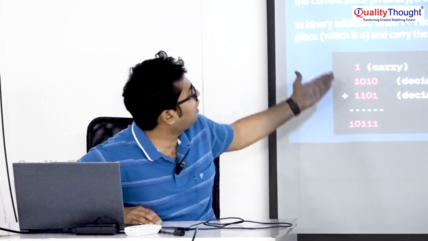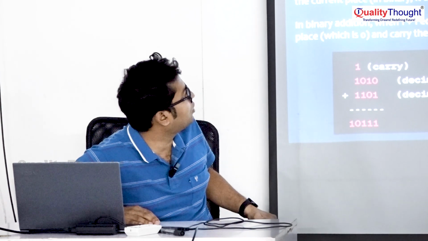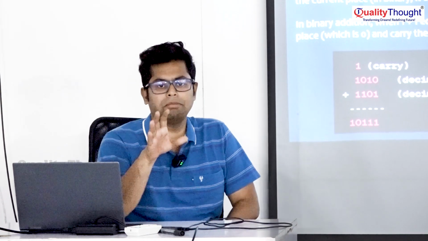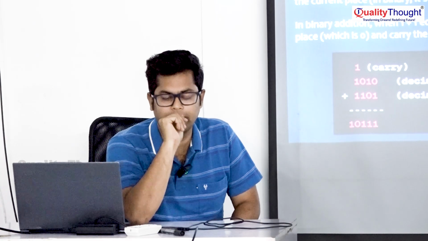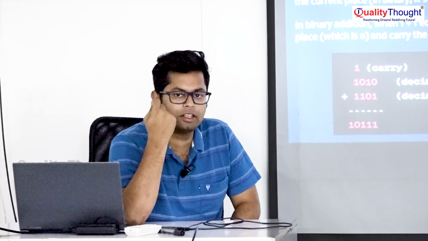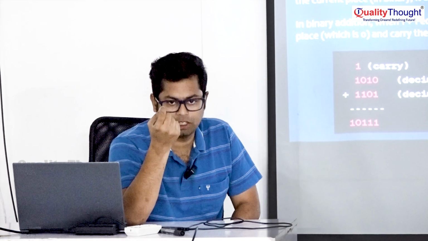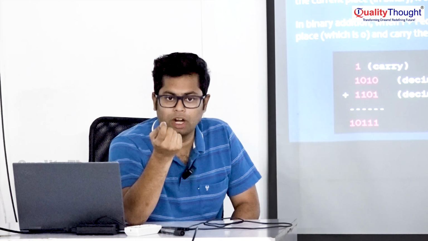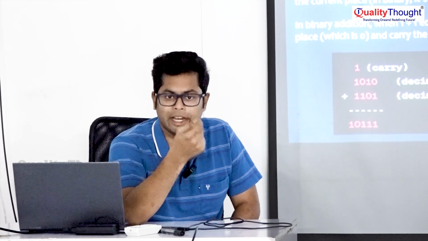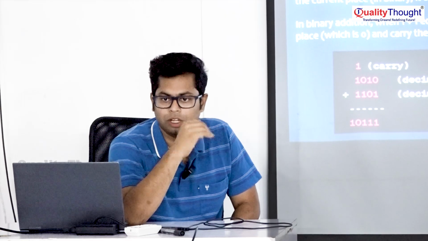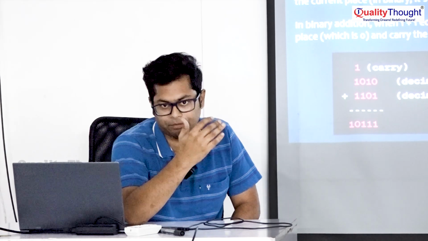So this is how a typical binary addition operation will be performed. The steps are very simple, correct? You take the 2 numbers you're trying to add and convert each of them into binary, and then you do binary addition between them.